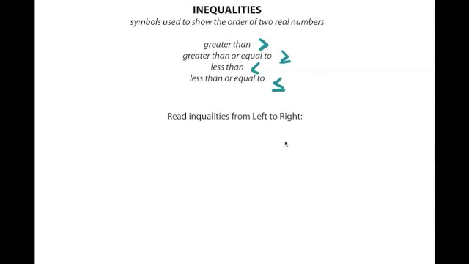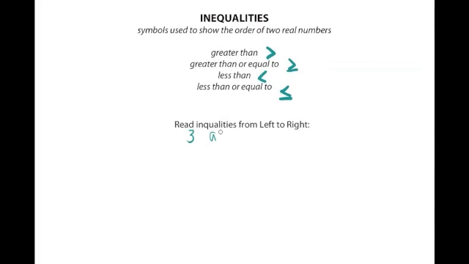So let's say I wanted to compare the numbers 3 and 7. Okay. So 3 and 7 would look like this. So in this case, if I just kept the order and I just was going to compare 3 and 7 like this, 3 is, let's see which one fits.